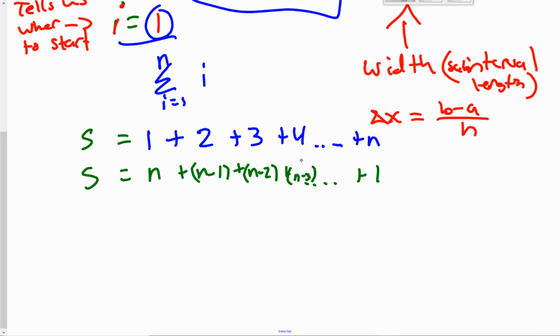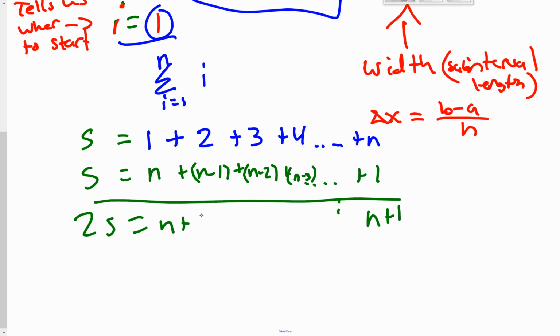So if we add these up, we can see this has just become n plus 1. So all these are n plus 1. And I have 2 of them, so I have 2 S's, and this is just n plus 1, and it's all the way. How many of these n plus 1s do we have? Don't I have n of them? Because there's 1, 2, 3, 4, all the way to n. So I have n amount of these.